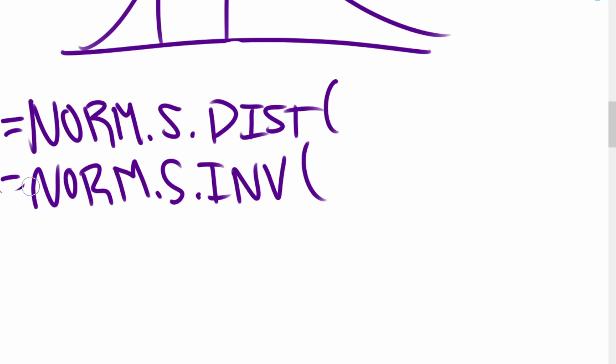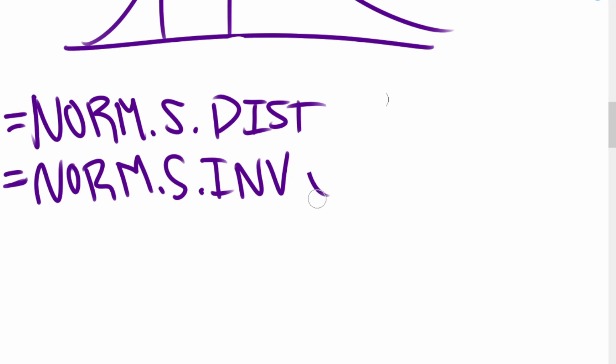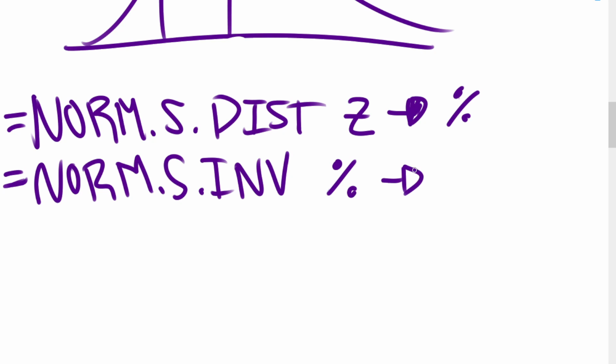That's how it knows you're doing a formula and not just putting in text. So with norm.s.dist, this is the function where you plug in a z-score and it gives you a percentage. And norm.s.inv is when you plug in a percentage and it gives you a z-score.